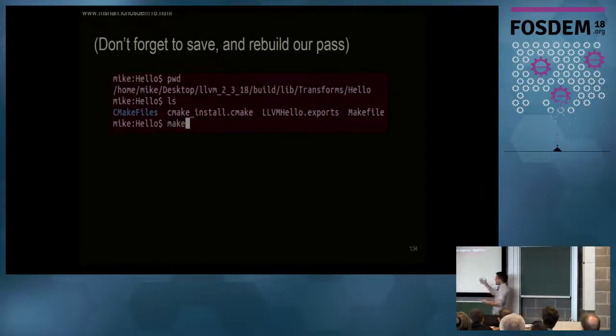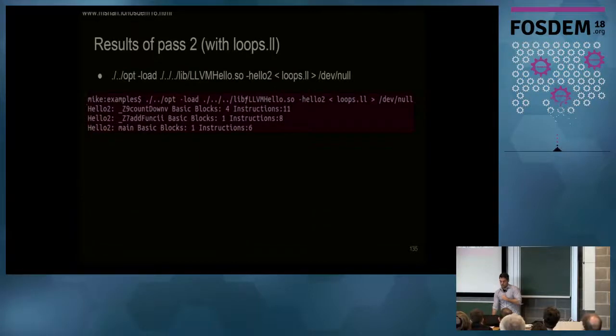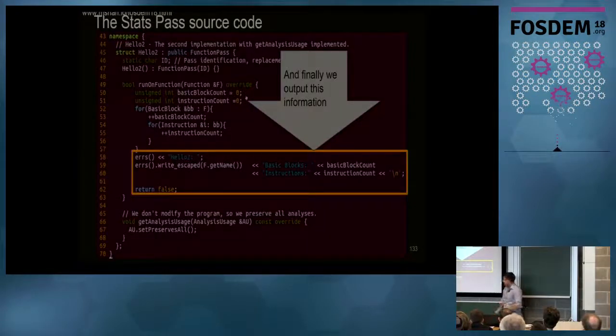Now, of course, I've modified our hello CPP, so I've got to save it, make again, as previously done, to build a new version of our library. The other changes I've also made, this is hello2 now.